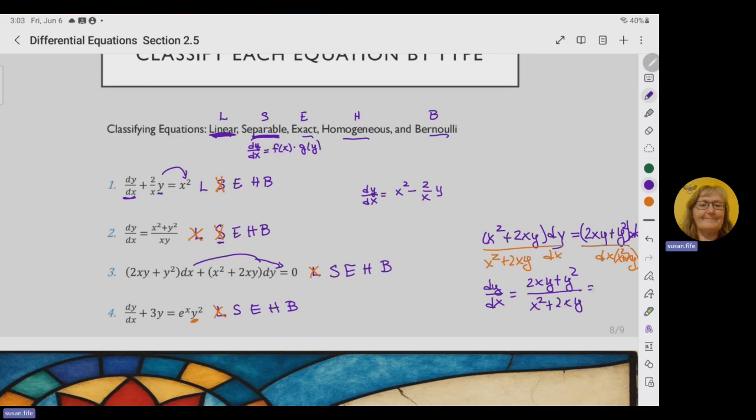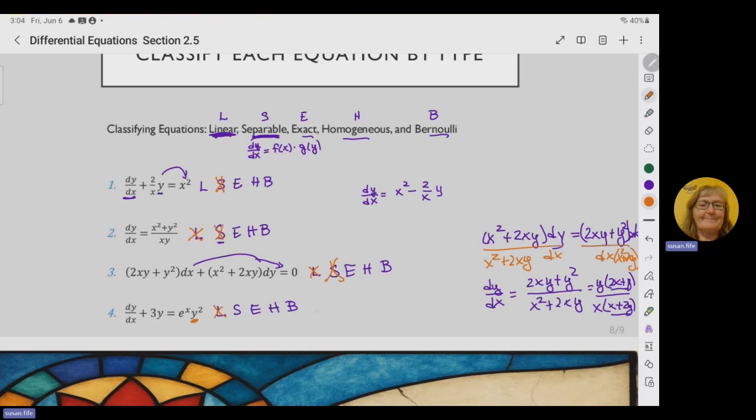I could factor the numerator into y times 2x plus y. I could factor the denominator into x times x plus 2y, but then notice 2x plus y, x plus 2y, neither one of those will cancel out, and you cannot write them as a function of x times a function of y. So not separable.